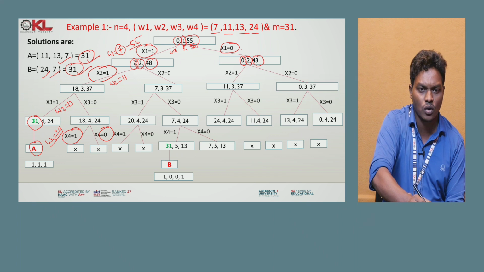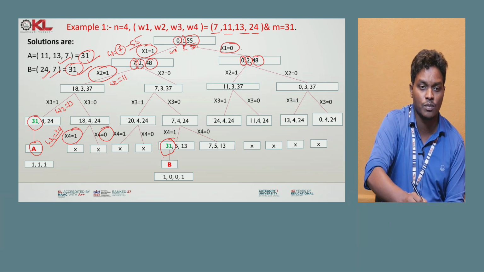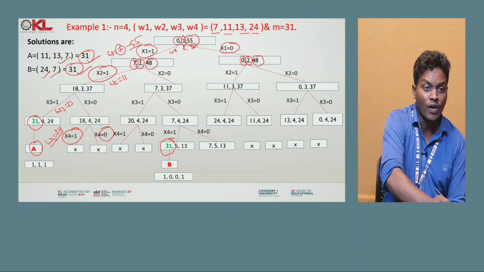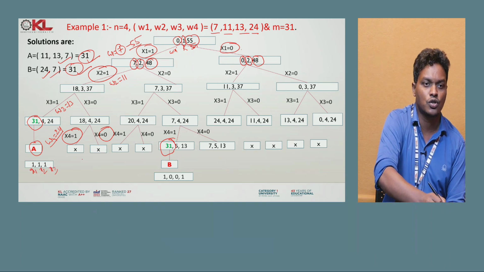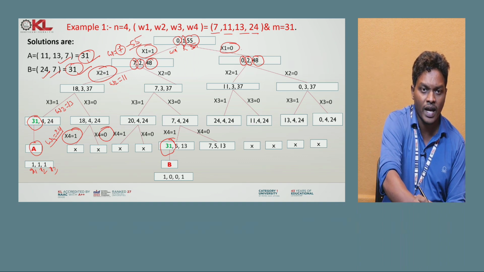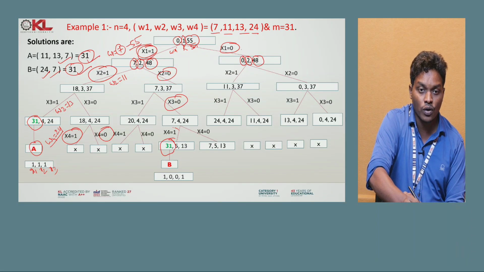Again, if we go on solving, similarly we will get another 31. So these are the two possibilities. We got 31 here when we placed x1 equal to 1, x2 equal to 1, x3 equal to 1. Here we got another solution, 31, by applying x1 equal to 1, x2 equal to 0, x3 equal to 0 and x4 equal to 1.